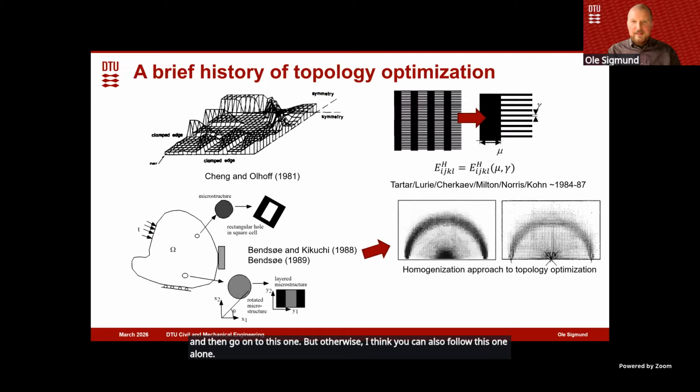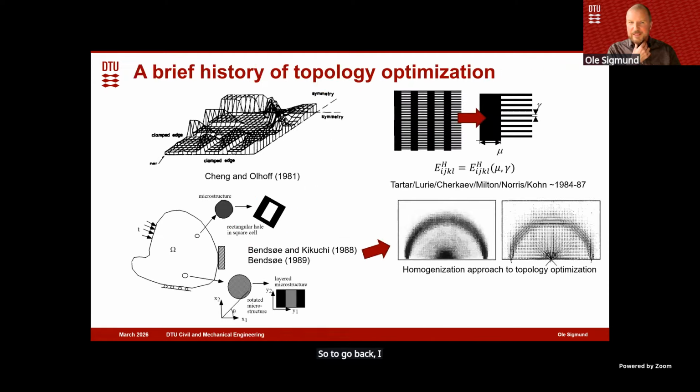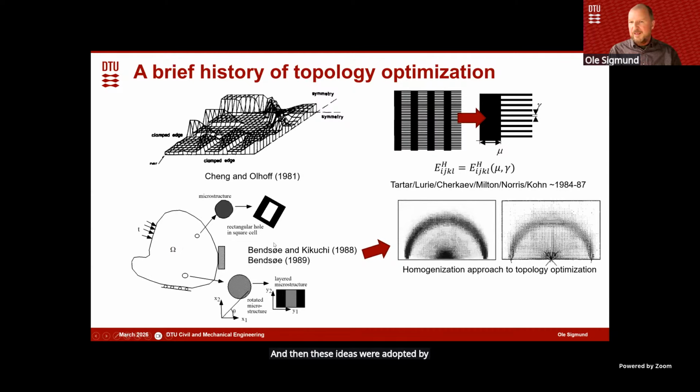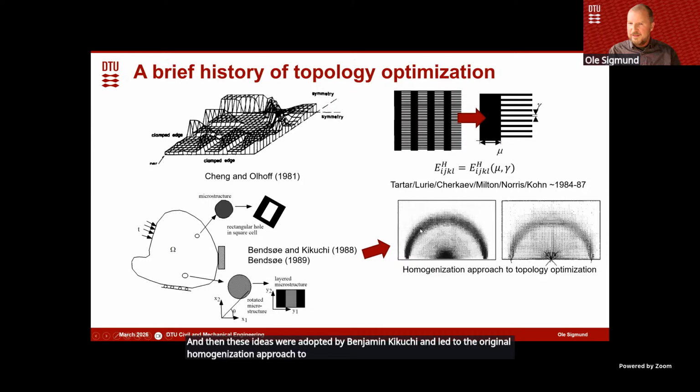So to go back, I show these pictures of the history behind topology optimization. How Cheng and Olhoff found this mesh dependency, and how applied mathematicians came up with the optimal microstructures, so-called rank materials. Then these ideas were adopted by Bendsøe and Kikuchi and led to the original homogenization approach to topology optimization.